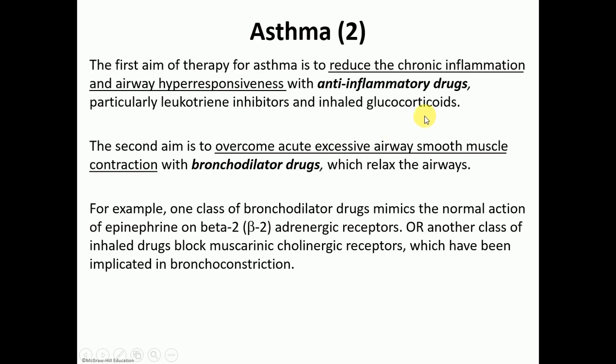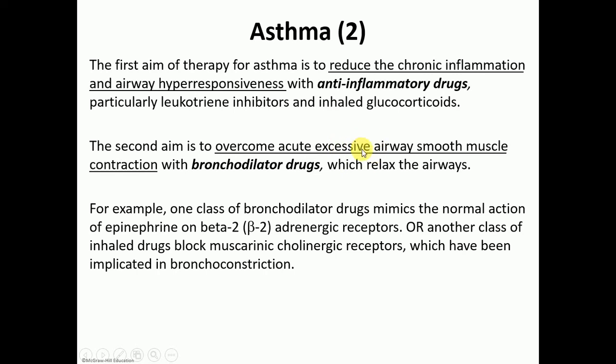You can give them an inhaled glucocorticoid for a couple of days to control it. Sometimes these are given in combination: an inhaled glucocorticoid plus the leukotriene inhibitor. Leukotriene inhibitor, we already said, is like Singulair, while the inhaled glucocorticoid is, for example, Symbicort.